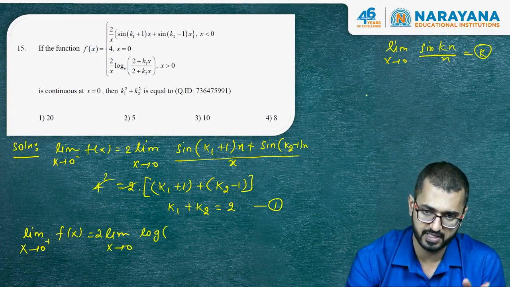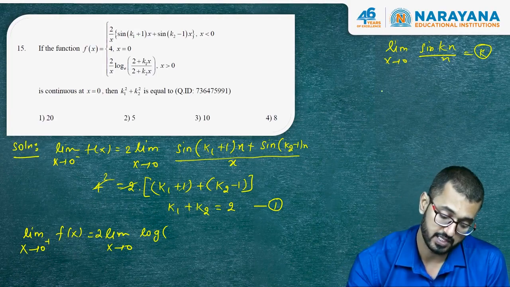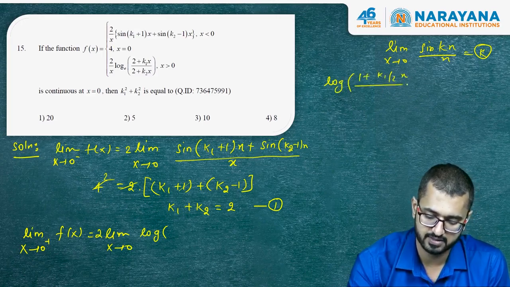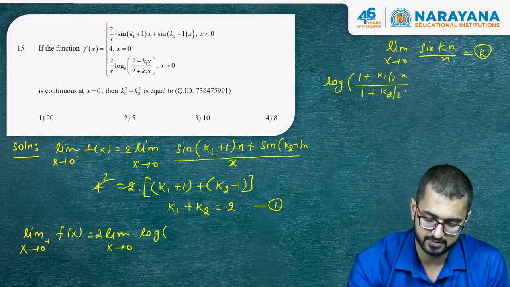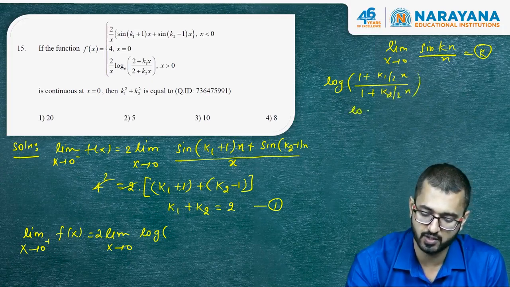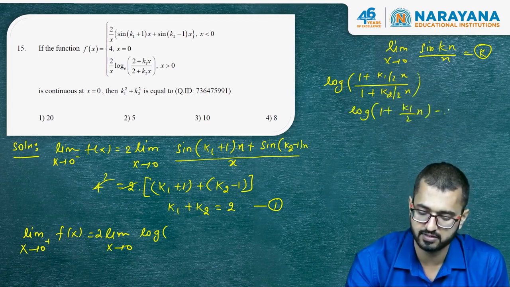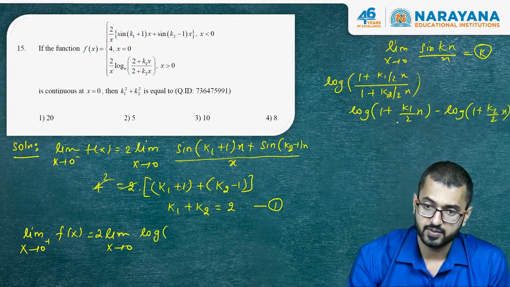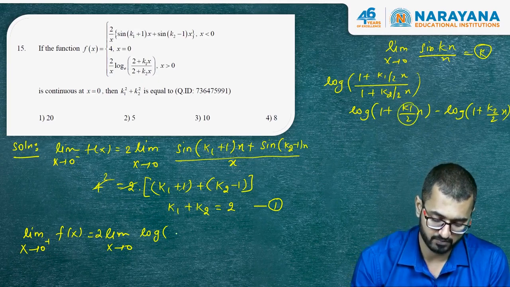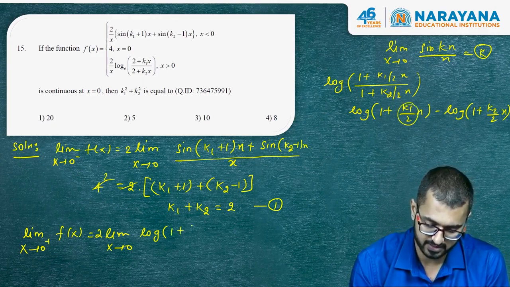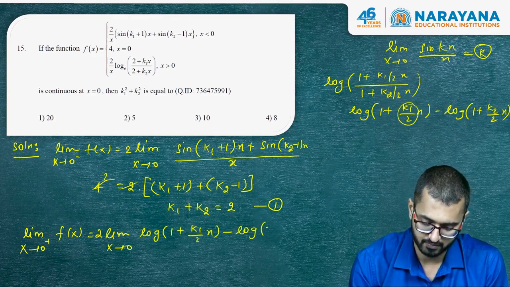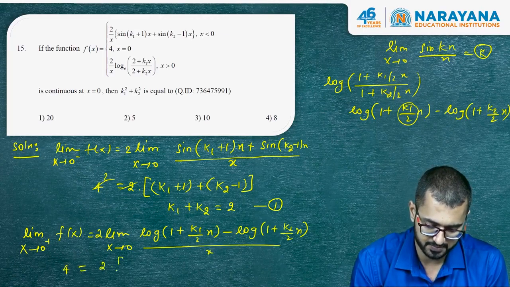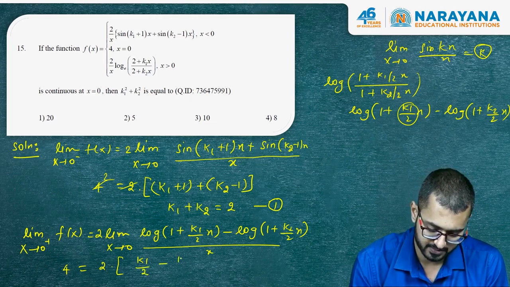If we directly write 2, then we have to write 1 plus k1; you can do it that way also, or else you can simply take 2 common, so it becomes log of 1 plus k1x by 2 minus log of 1 plus k2x by 2. This looks good, since we know directly it's the standard form log of 1 plus x over x, so we write the constants. The limit gives 4 equal to 2 times k1 by 2 minus k2 by 2.